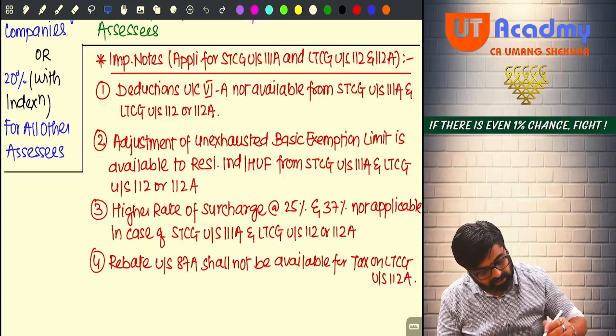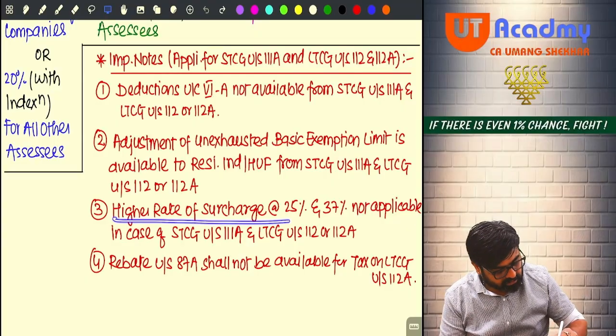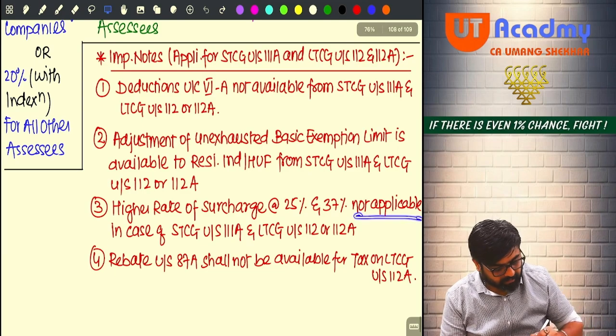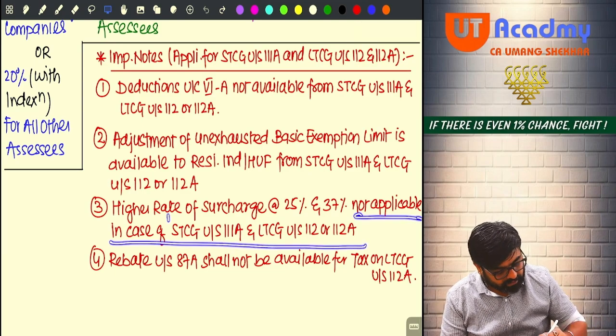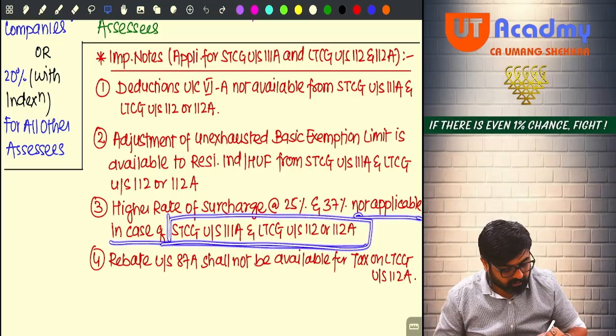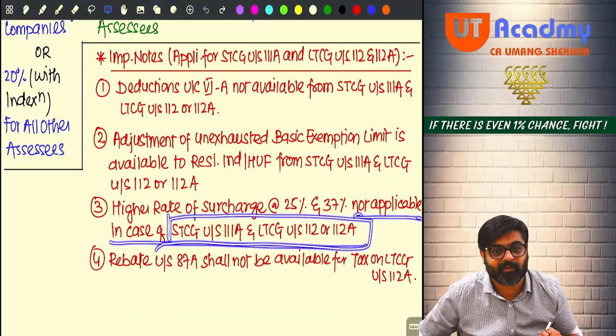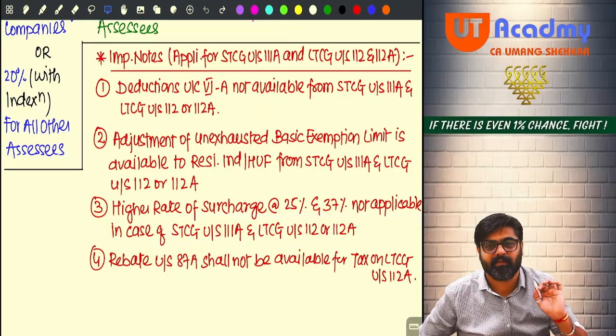Please pay attention. Higher rate of surcharge, 25%, 37%, is not applicable in case of STCG 111A, LTCG 112, 112A, and one more tax, dividend income, which I will tell you in the IFOS chapter. But I have already explained here.